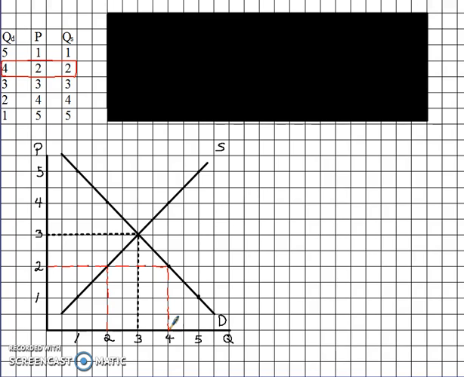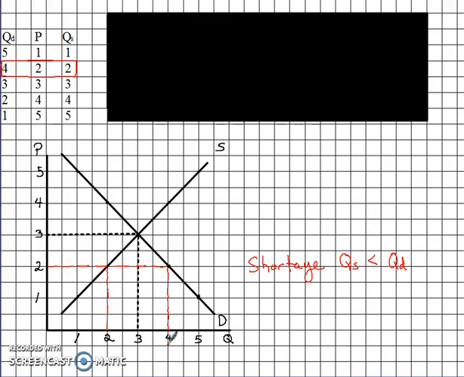So consumers want more of the good than what producers are willing to bring to the market when the price is low, in this case at $2. And economists call this a shortage. We say there is a shortage in the marketplace. And what that means is that the quantity supplied, in this case only 2, is less than the quantity demanded, which is 4.